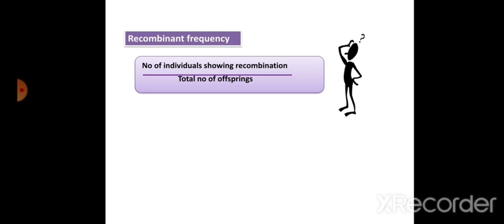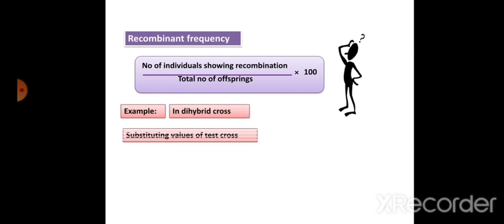So we are taking the help of what here? Test cross. Test cross is one where we can find out the distance between the genes accurately. So the recombinant frequency or crossover frequency is equal to the number of individuals showing recombination divided by the total number of offspring, into 100. For example, let's imagine in a dihybrid cross, we have got a test cross. In the test cross, say we have got recombinants 6.